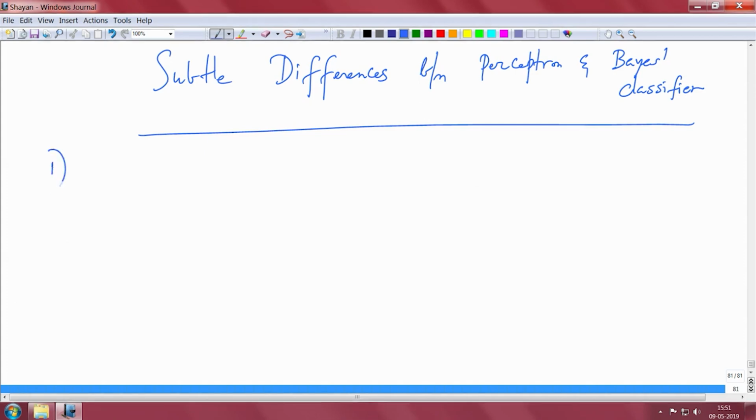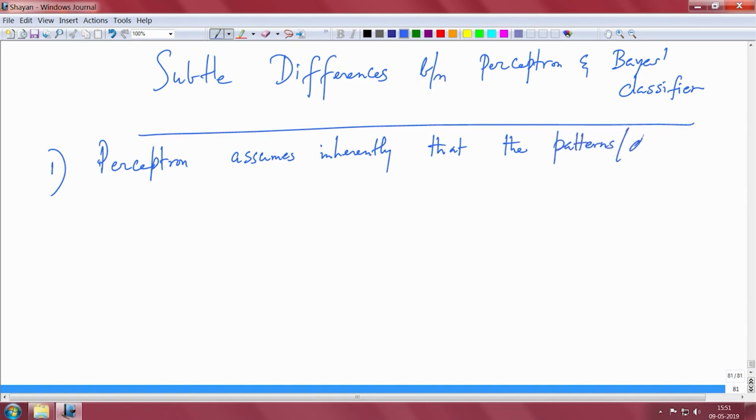So, this is one of the important premises. The perceptron assumes inherently that the patterns or data points are linearly separable, because this condition is required for the perceptron to work.